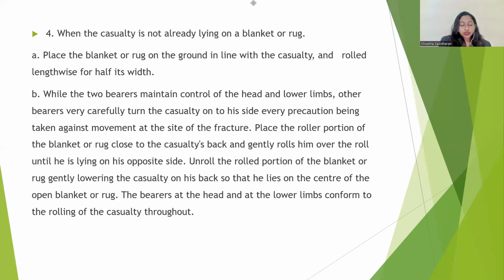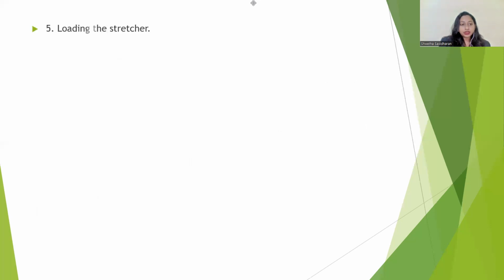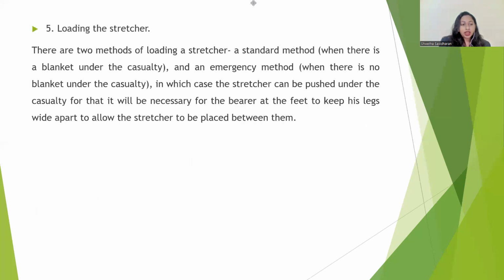Unroll the rolled portion of the blanket or rug, gently lowering the casualty onto his back so that he lies in the center of the open blanket or rug. The bearers at the head and lower limbs conform to the rolling of the casualty throughout. Loading the stretcher: at that time, we have to be very careful. There are two methods of loading the stretcher.